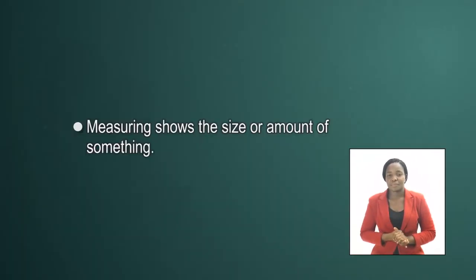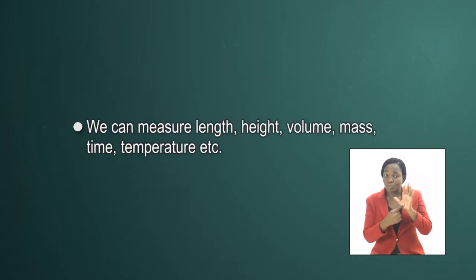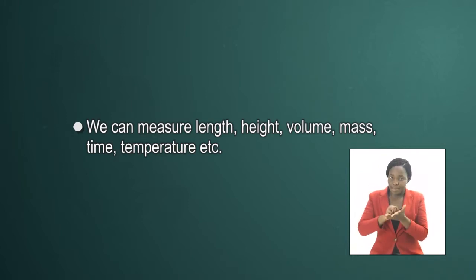Measuring is the activity we do to find a number that shows the size or the amount of something. We can measure many different things: length, height, volume, mass, and time. We can even measure temperature, speed, and direction.